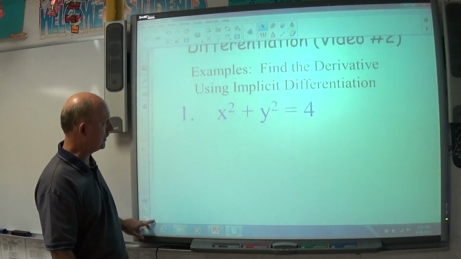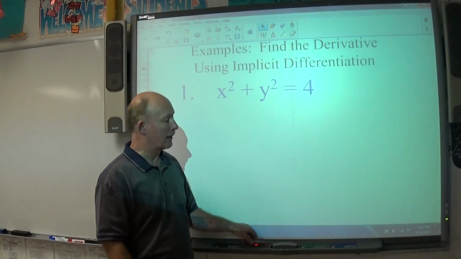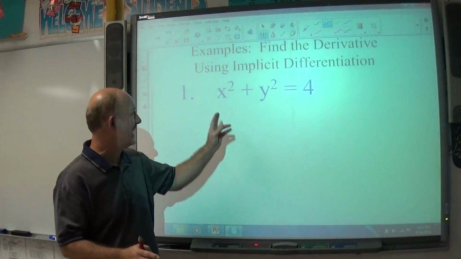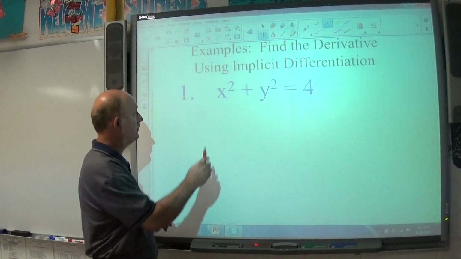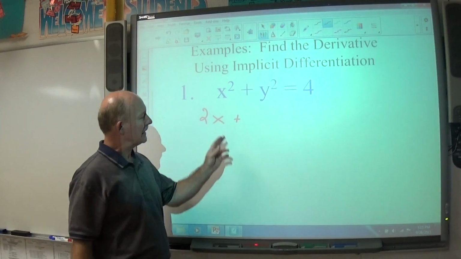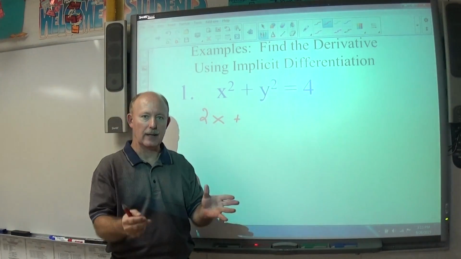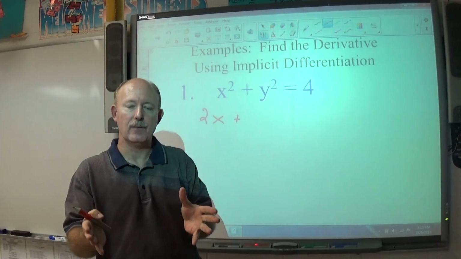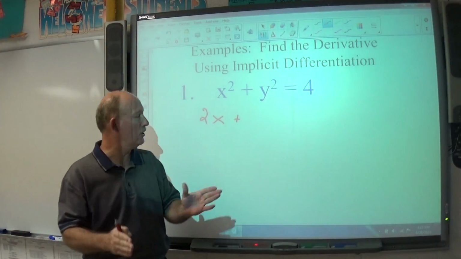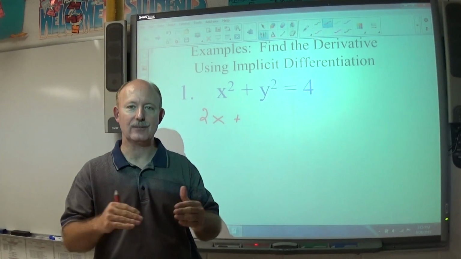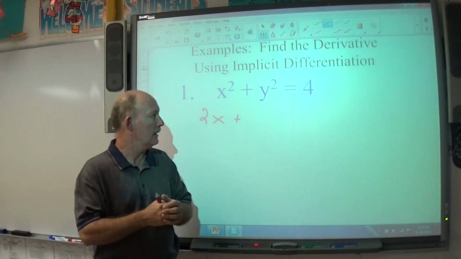Let's take a look at our derivative. If you remember from our first video, we start by taking the derivative of the x squared term. The derivative of x squared is 2x, plus. Now let's take the derivative of y squared. You take the derivative of a y factor just like you do the x factor, but you must leave dy over dx as a factor in the derivative.